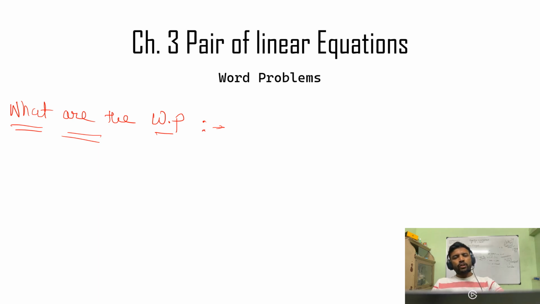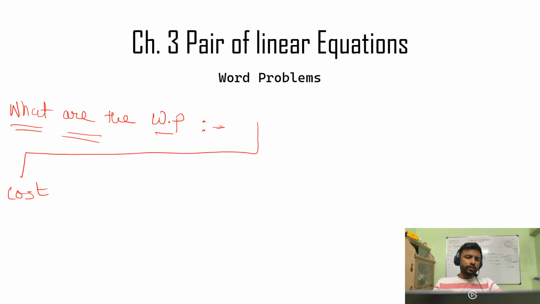Okay, so in this chapter we will deal with several types of word problems, which are: first is cost. Okay, so we are given the cost of a pen, pencil, eraser, sharpener, like table, chair, bed.